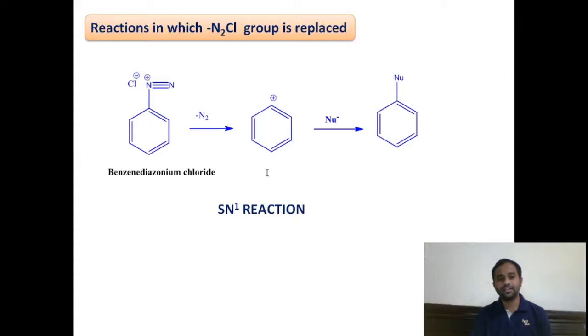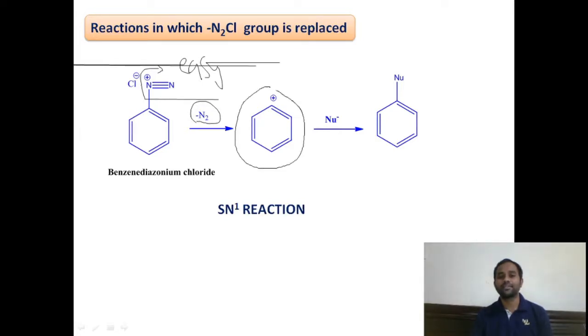You see here in the slide, we can see the benzene diazonium chloride. Here this N2 group is an easy leaving group. Right? So by the loss of nitrogen, because this is an easy leaving group, we will get this cation, that is benzene containing a positive charge.